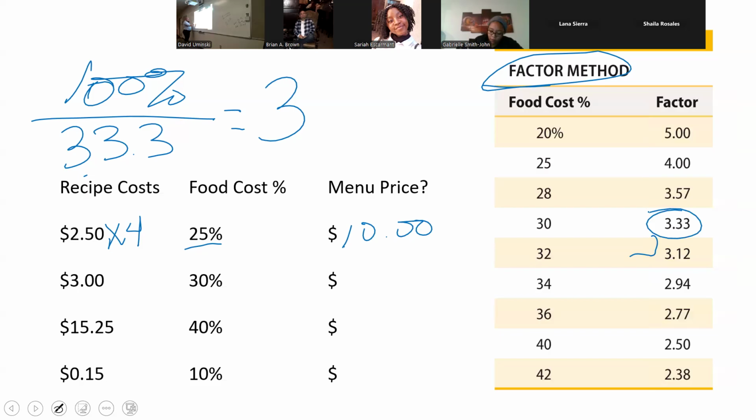So if I multiply my $30 cost by 3.33, my answer is, Christy? Nope, 3.33 times 3. What's 3 times 3? 9. So $9.99. Okay, there we go.